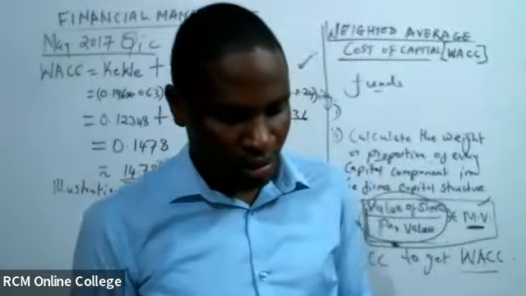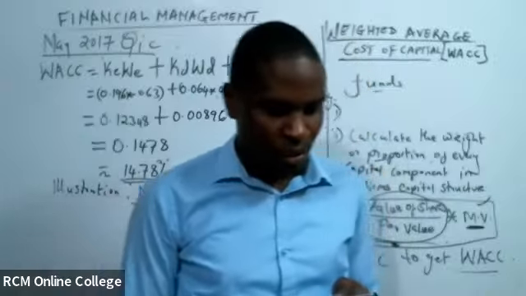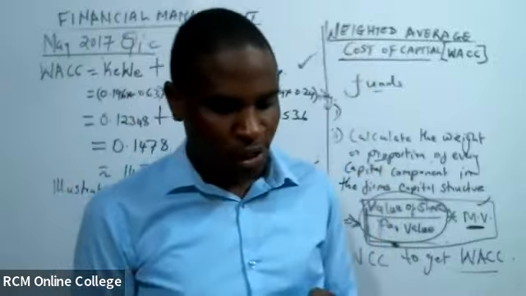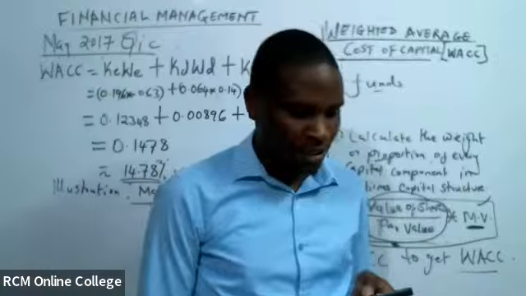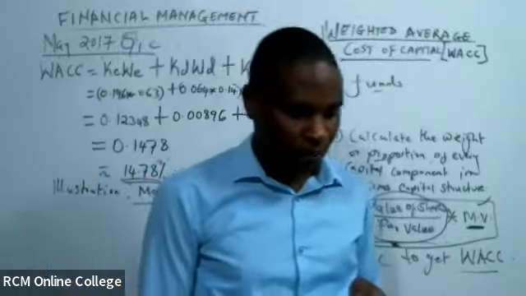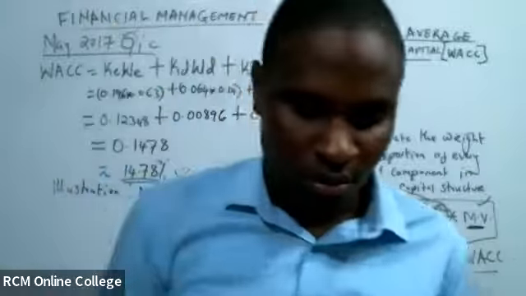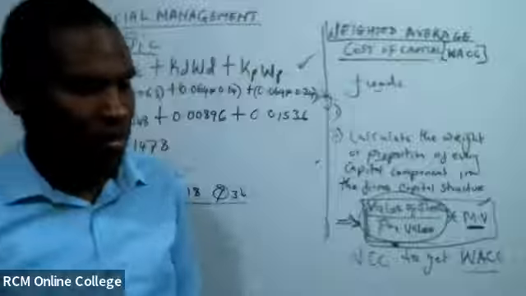The debenture matures in 100 years. This is very interesting. Then we are told the preference shares were issued 4 years ago, and they are still trading at face value. The corporate tax rate is 30%, and the examiner wanted you to compute the weighted average cost of capital.